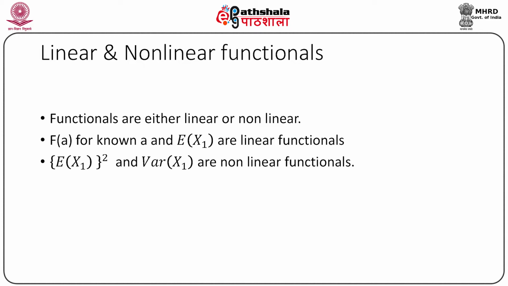So we consider a related example. Suppose x1, x2, ..., xn are IID observations from some distribution function f, and our functional of interest is the square of the expected value. Suppose script f is the class of all absolutely continuous distribution functions but with finite expectation. Now take two of them, that is f1 and f2 belonging to this class.